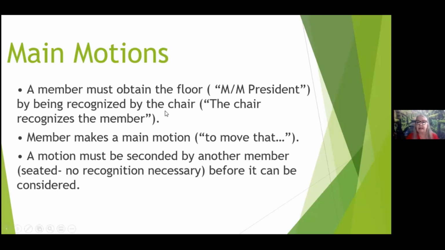The motion is seconded before it can be considered. If nobody seconds it, then we move on to something else. It dies for a lack of a second. It doesn't go in the minutes. It simply disappears. If Chris is the only one who wants to do it and nobody else wants to second it, brush it out the door. It's done.